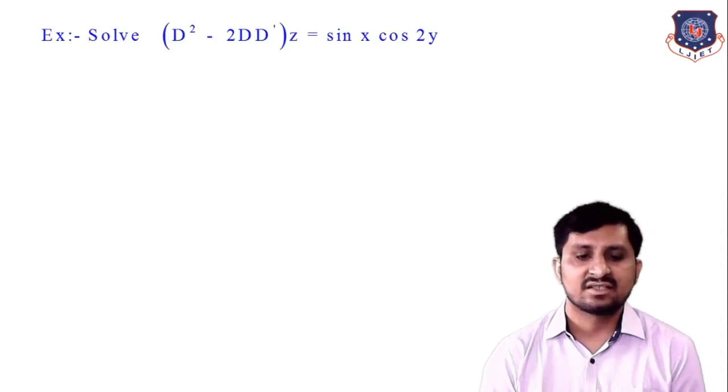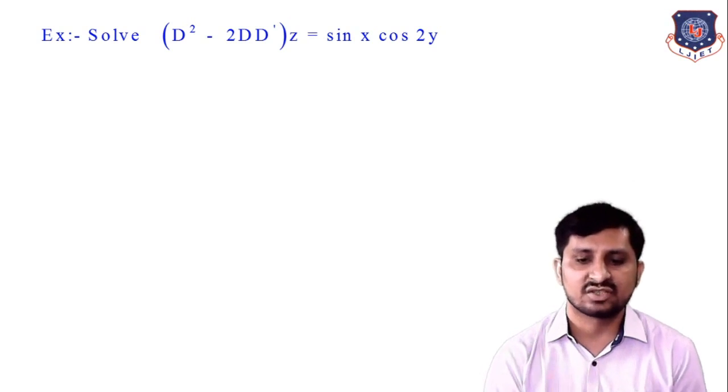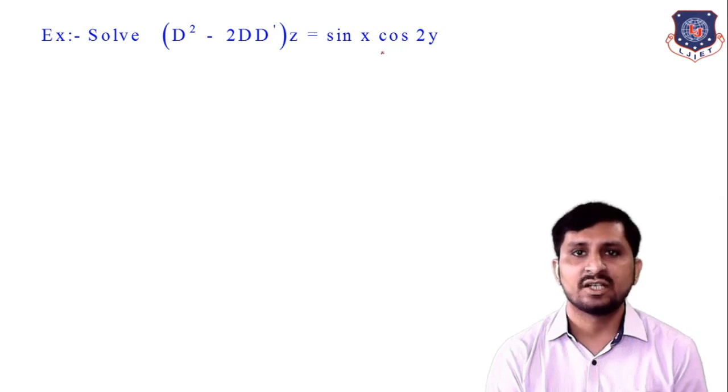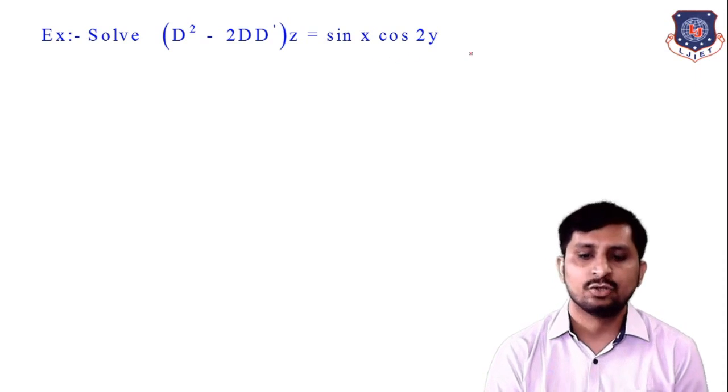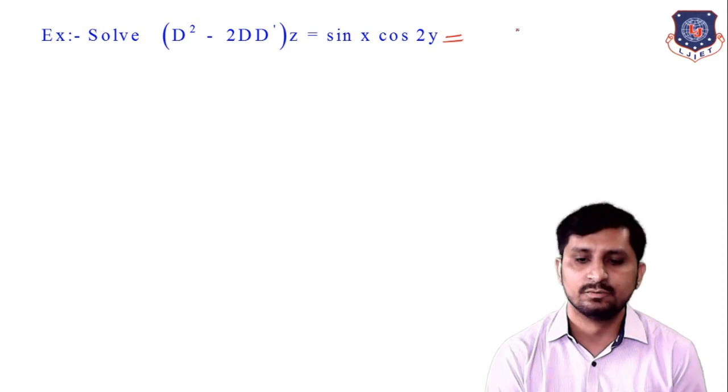D square minus 2 D dash into z is equal to sin x into cos 2y. So first of all, this multiplication form you have to convert into addition form using the formula that we know: 2 sin alpha into cos beta is equal to sin(alpha plus beta) plus sin(alpha minus beta). So using that formula, first of all you have to multiply this function by 2, so this is nothing but 2 sin x cos 2y divided by 2.